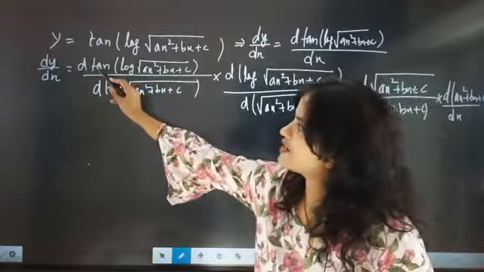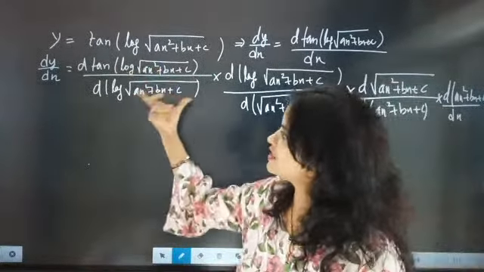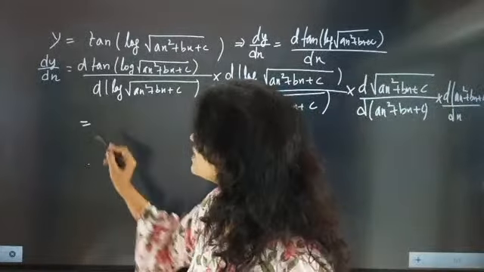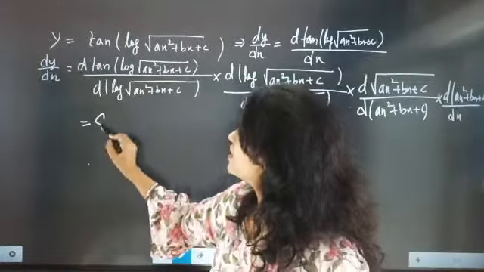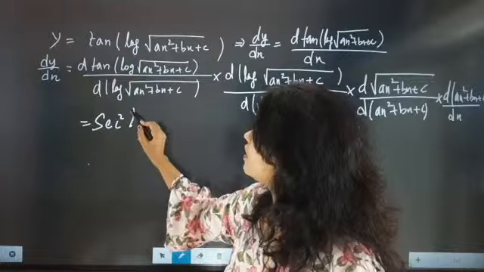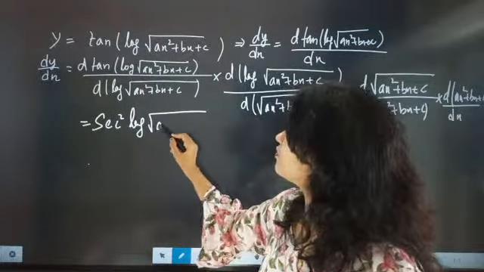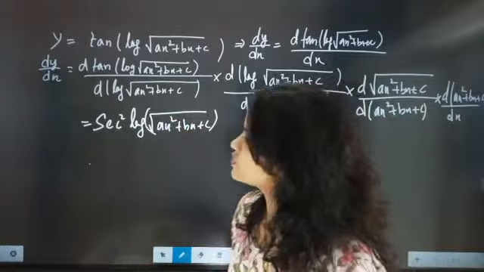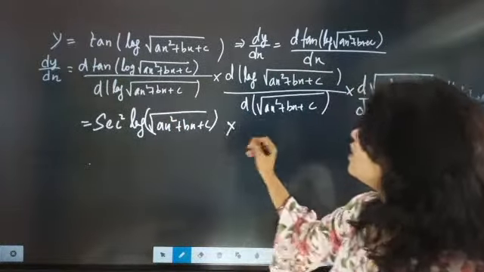Same way, here tan is there, this much boss is sitting inside, and with the same boss we are differentiating. So only tan will get converted into secant square. So secant square of log of root of ax square plus bx plus c. Only one bracket you give, story over. Now log is there.